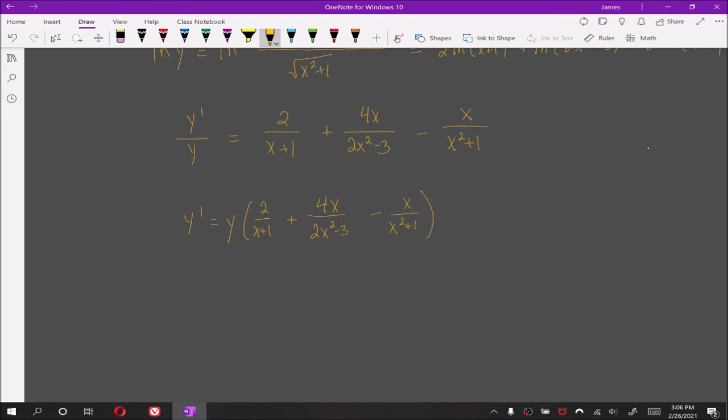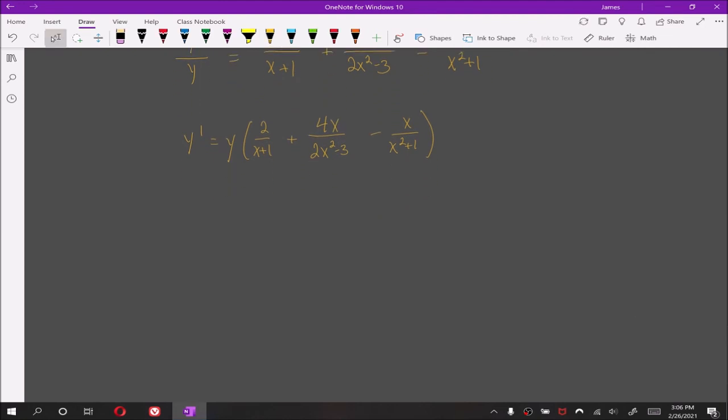Now we just have to replace y with the original fraction.